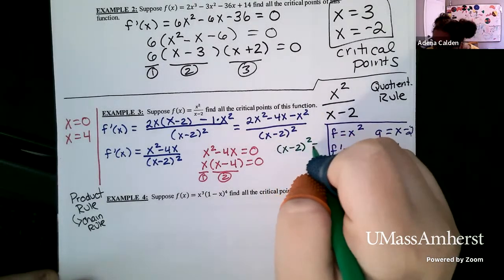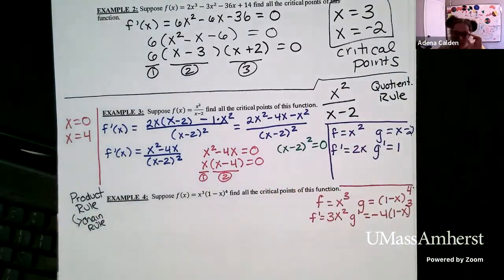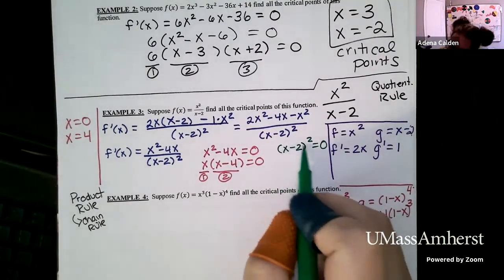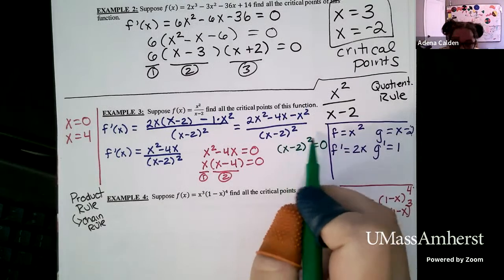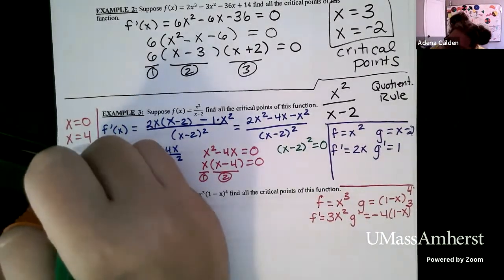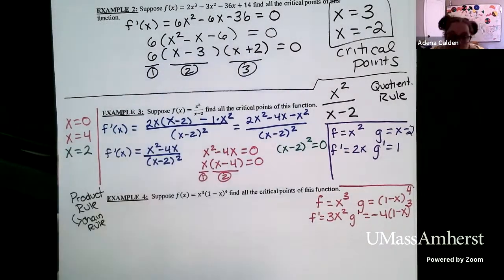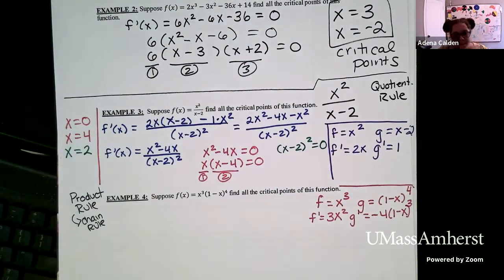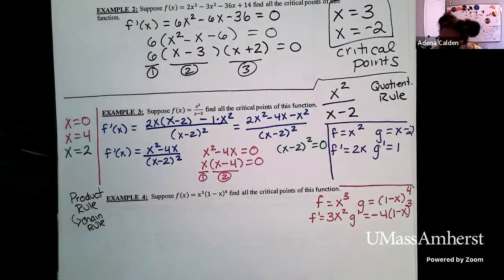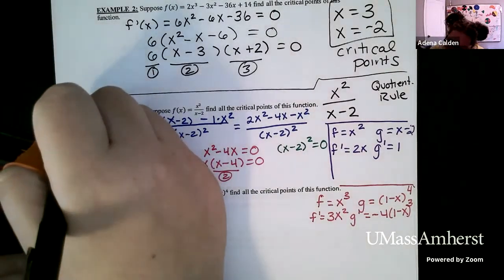So I have x minus 2 squared equals 0. So here, if x equals 2, that will make this whole thing 0, which makes the squared version also 0. So I also have x equals 2 as one of my critical points, because that is where I am undefined. So I have three critical points from this function: x equals 0, x equals 4, and x equals 2.